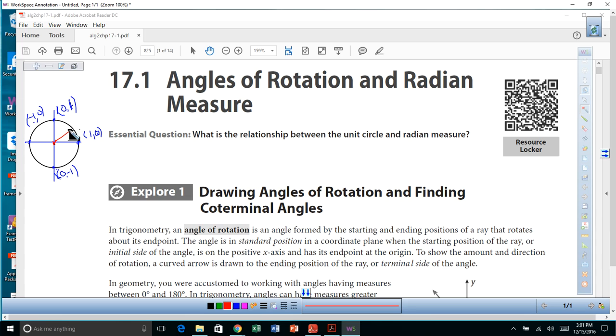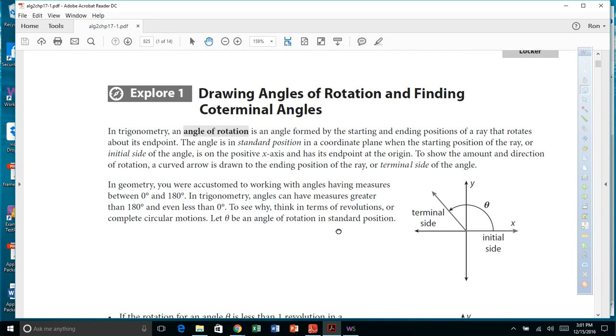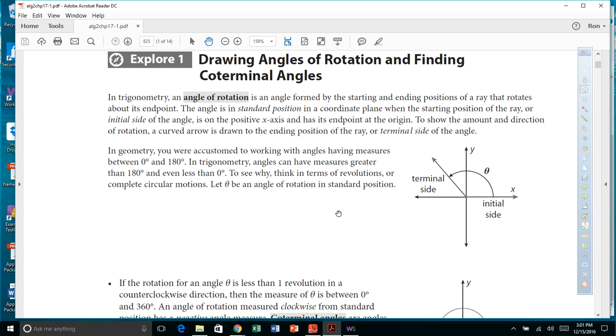All right, drawing angles of rotation and finding coterminal angles. In trigonometry, an angle of rotation is an angle formed by the starting and ending positions of a ray that rotates about its endpoint.